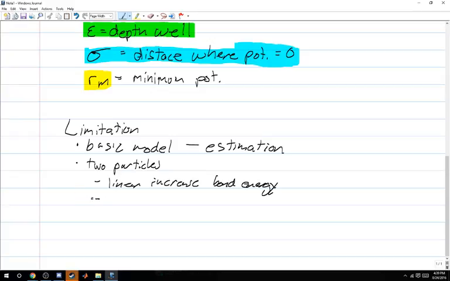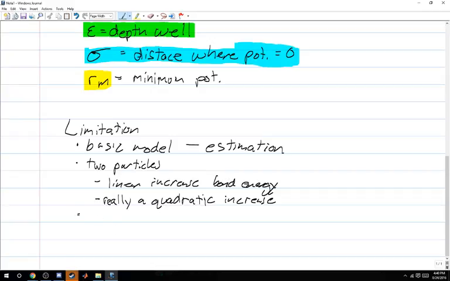Whereas realistically, through testing, it's really a quadratic increase. Oh god, terrible at this. Let's write a little bit better. So that basically only is useful for two particles.